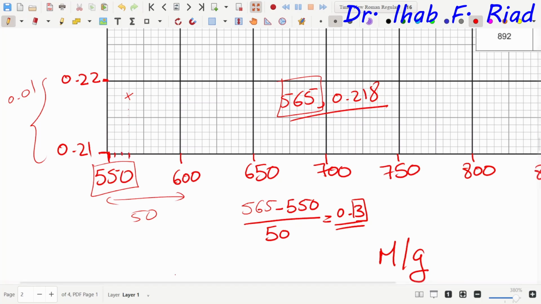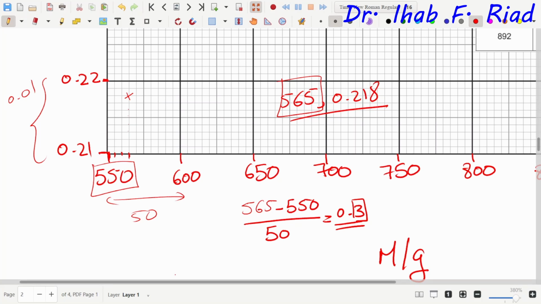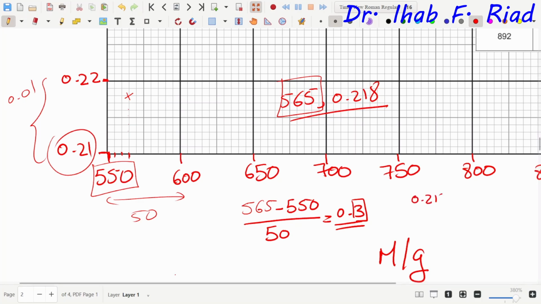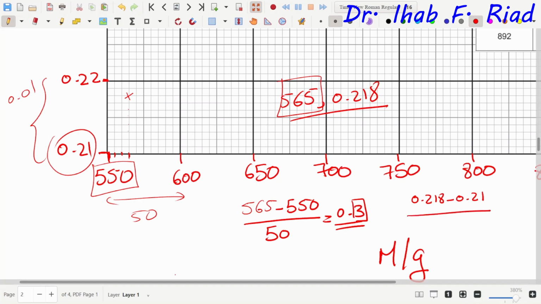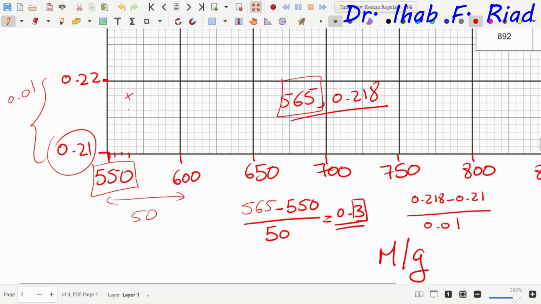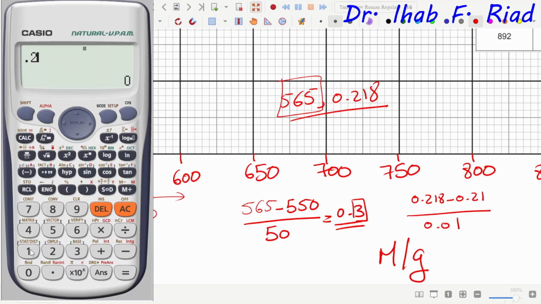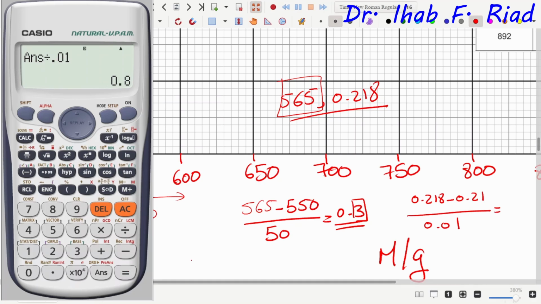What about the representation on the y-axis? We have 0.218. The closest to it is 0.21. So 0.218 minus 0.21, we divide by the scale on the y-axis, 0.01. We get 0.8.